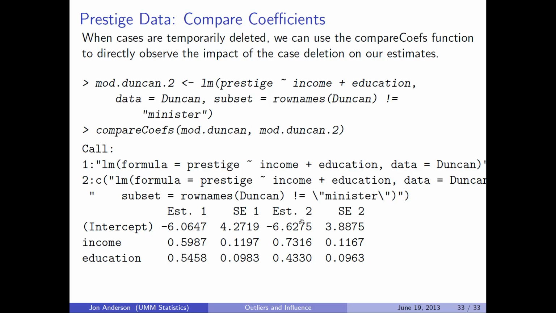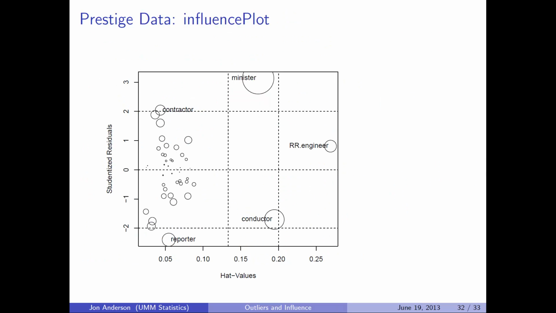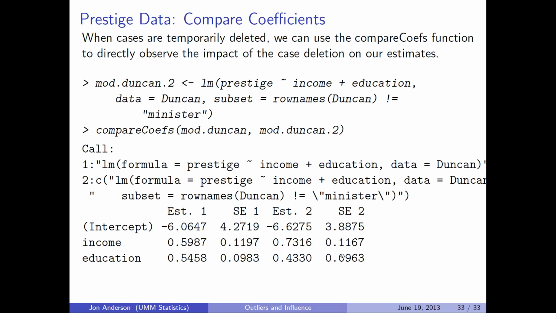And you'll see that the intercept and income and education coefficients are fairly similar. You can see, though, that if we delete minister from the data set, the impact of income on prestige goes up quite a lot, by about one standard error.